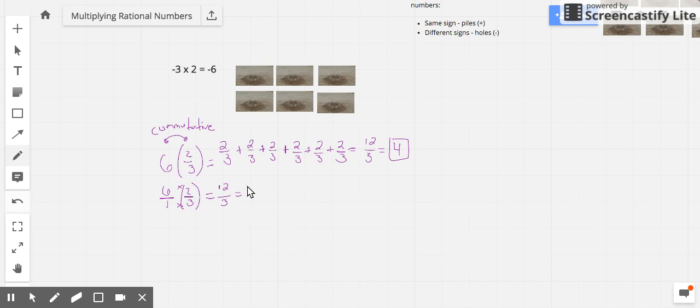I am left with the exact same solution that I had before. Pretty cool. All right, whole number by a fraction. Just change the whole number to a fraction by putting a 1 as the denominator.